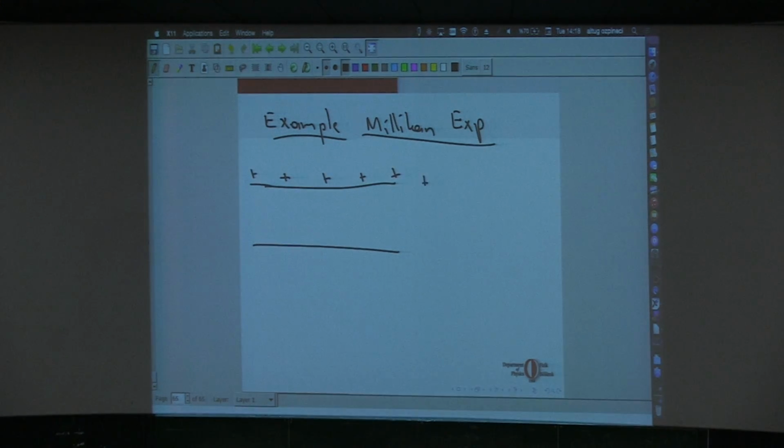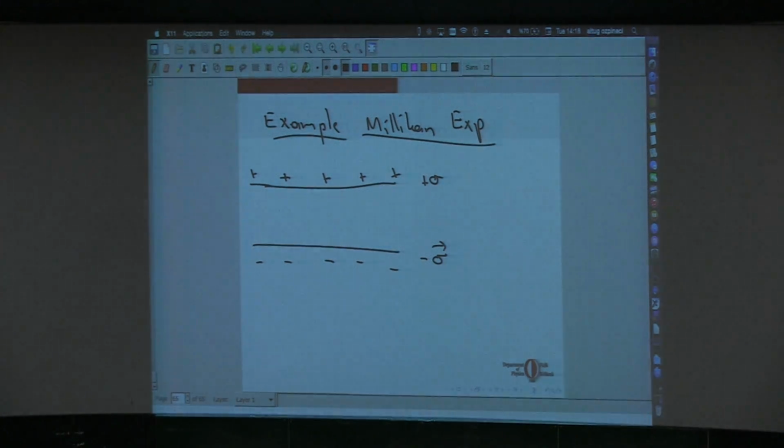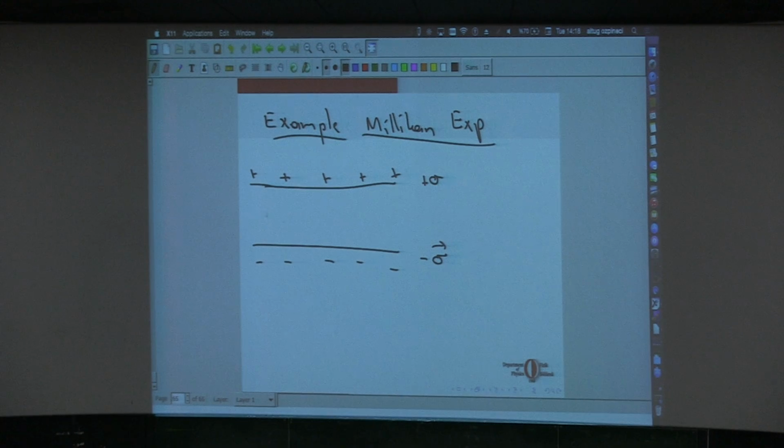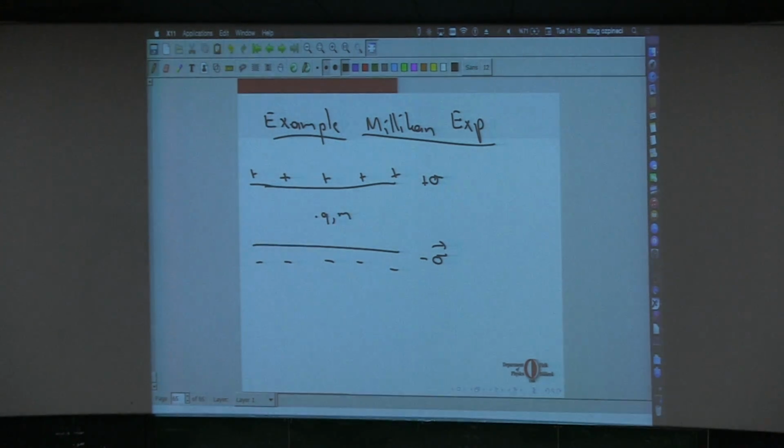The other one is negatively charged. And you just put some charges in between. You can put some charge Q, mass M. You might give them some initial velocity or not, it depends on your setup.